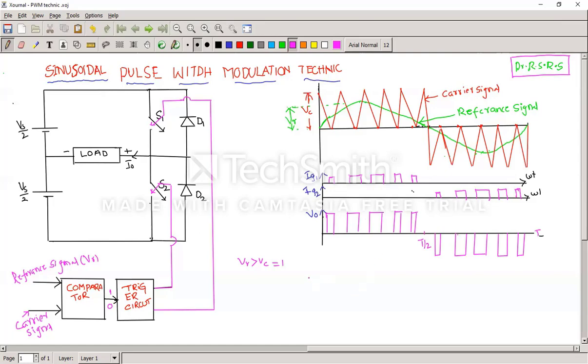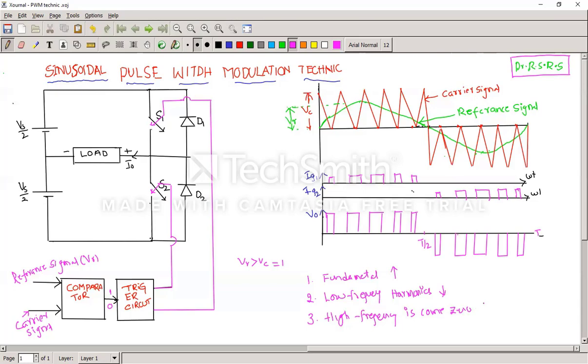See, here I am writing: fundamental component will be increased, low frequency harmonics decrease, magnitude of high frequency comes to 0.